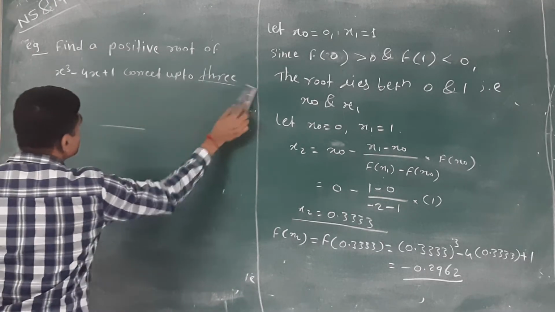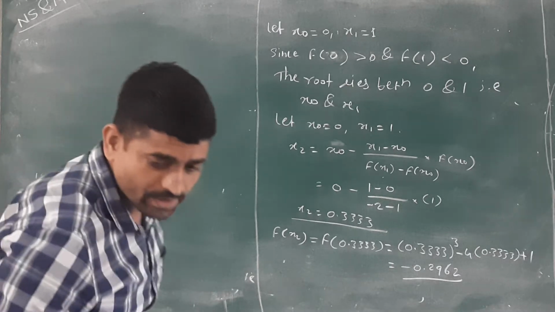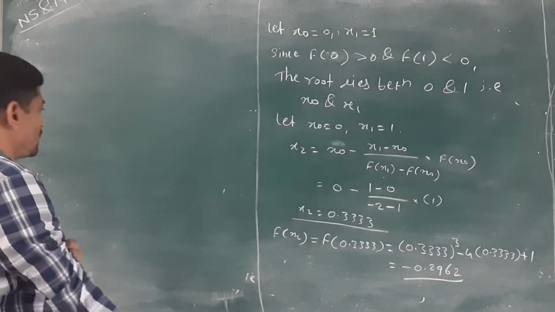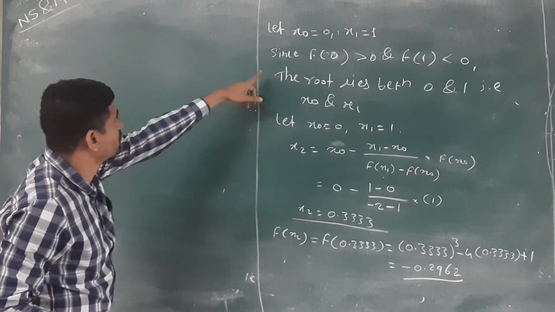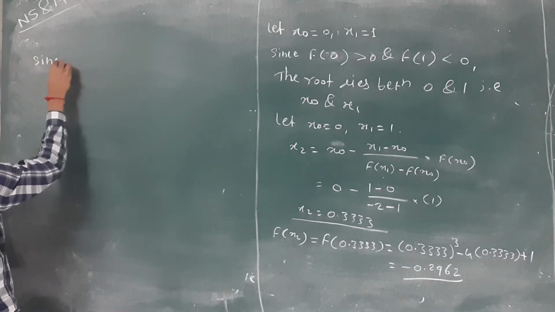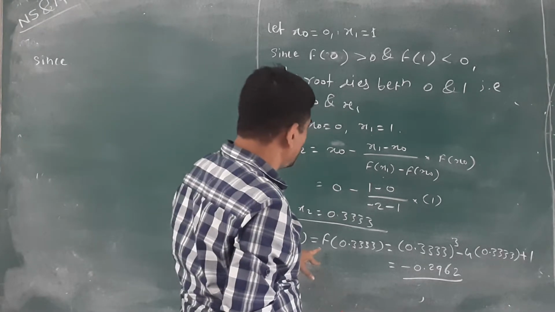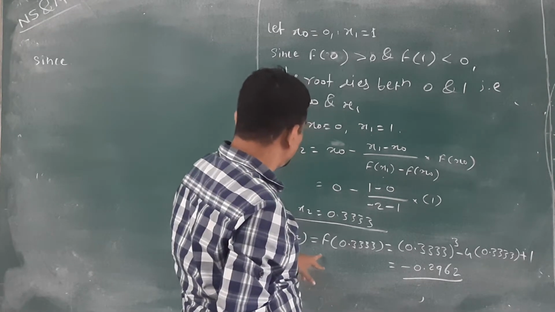Then again we can repeat those steps. Since, which value have we found? We found the f of x2 value, right?